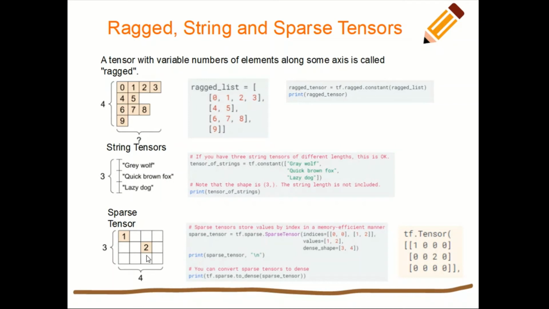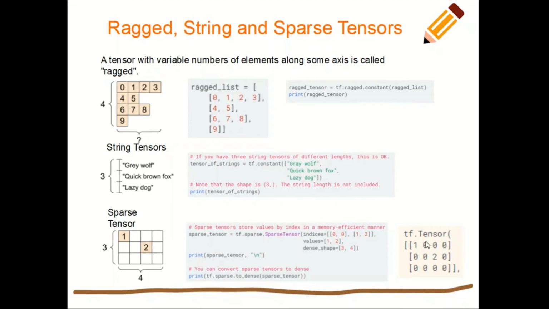There is also a concept of a sparse tensor. If you see how the values are stored here, at the index 0 0, this value 1 is stored. At the index 1 2, so first row and second place, you are storing 2, and that is written here. Now if you give the dense shape as 3 by 4, what we get is this tensor, which is called a sparse tensor.